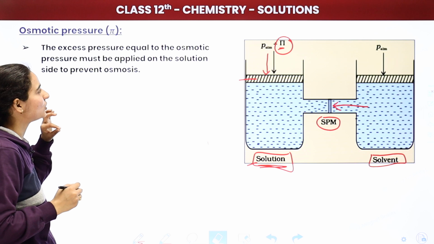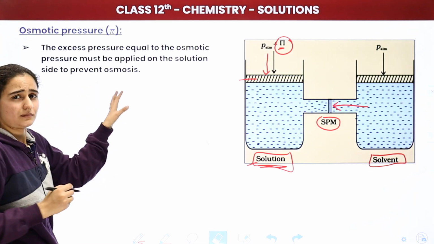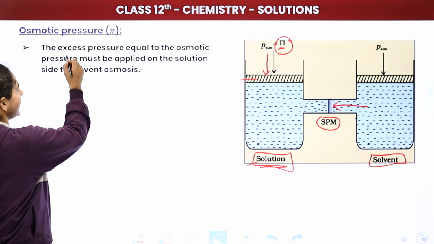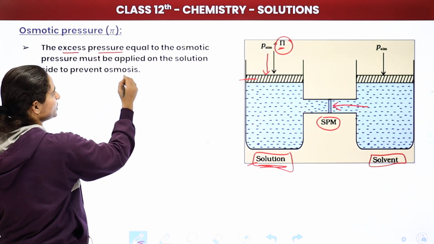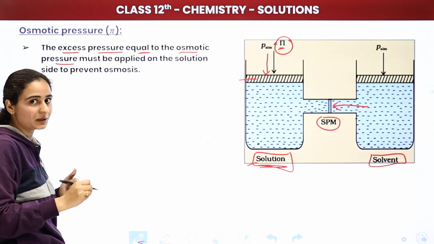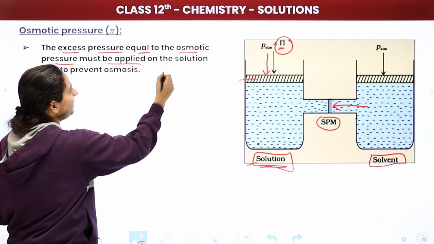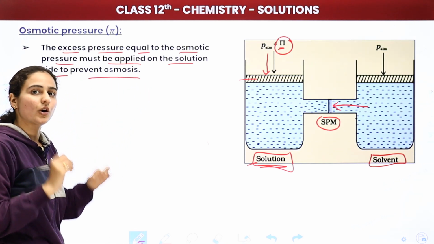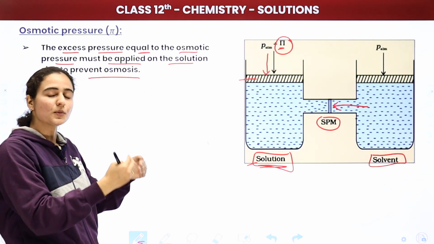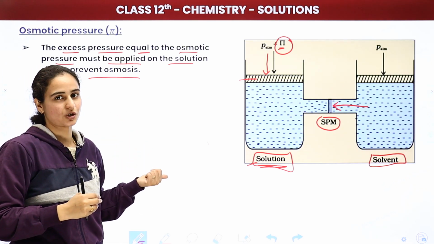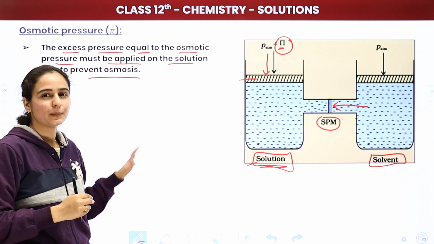So if we just go through the definition here, already हमने पहले cover कर लिया, but once again, the excess of pressure जो कि हमारे osmotic pressure के equal है, it must be applied on the solution side to prevent osmosis, right? Osmosis को stop करने के लिए we are applying this pressure, which is known as osmotic pressure.